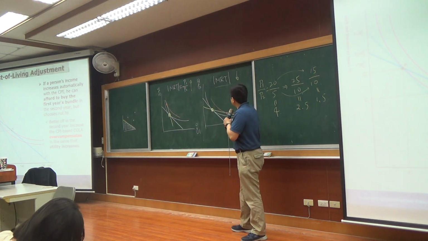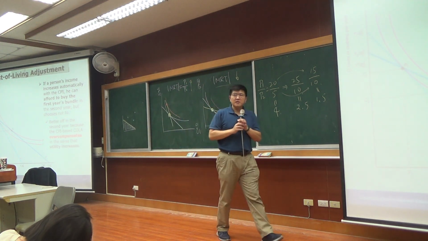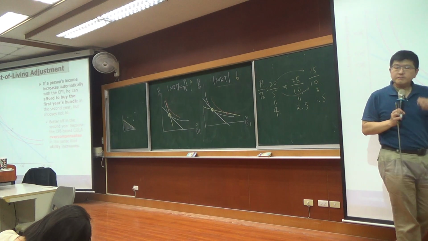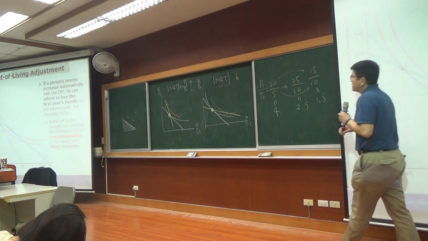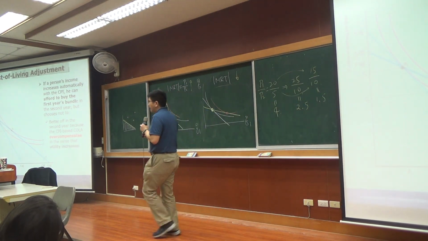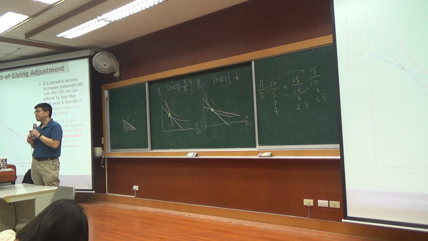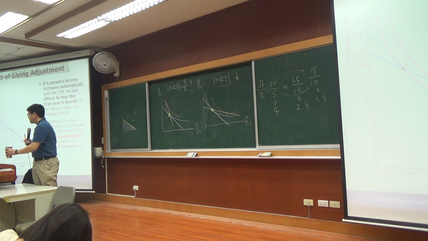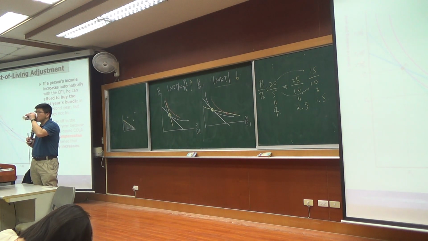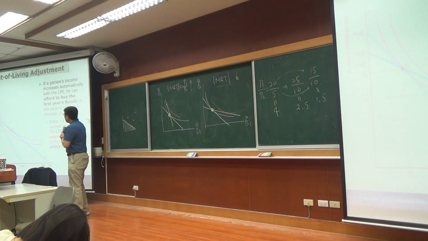So no matter in which direction the MRT changes, the consumer, after the adjustment, must be better off. Why does the new budget line just cross over the original bundle to prove that the original one is still affordable?